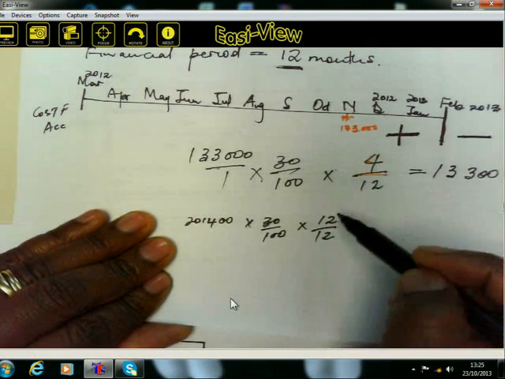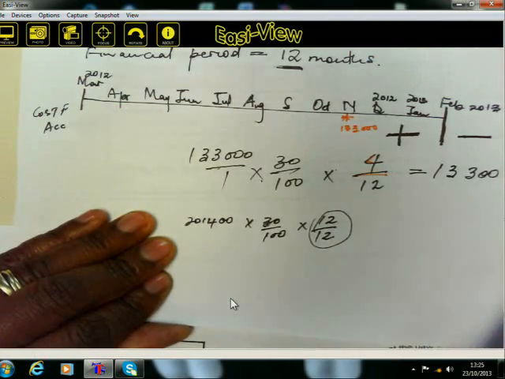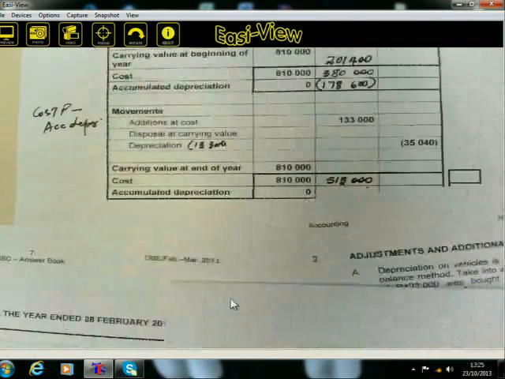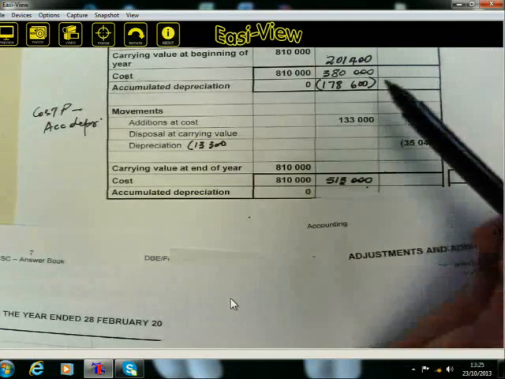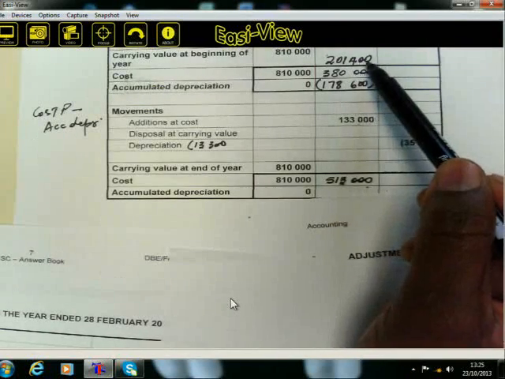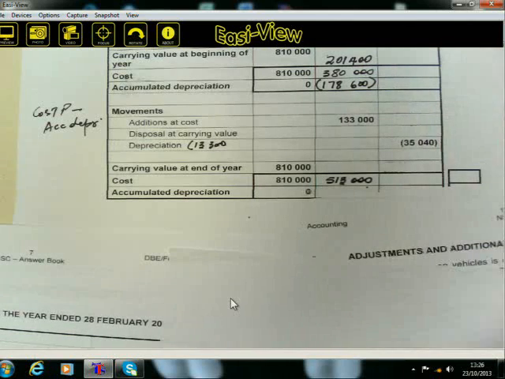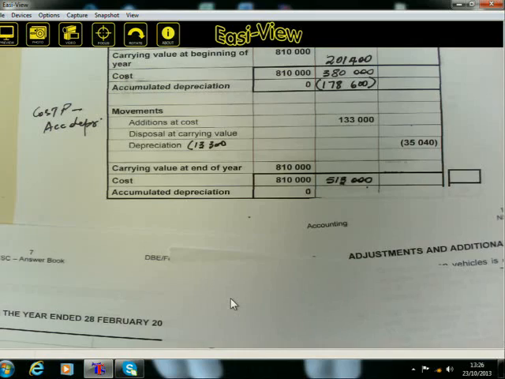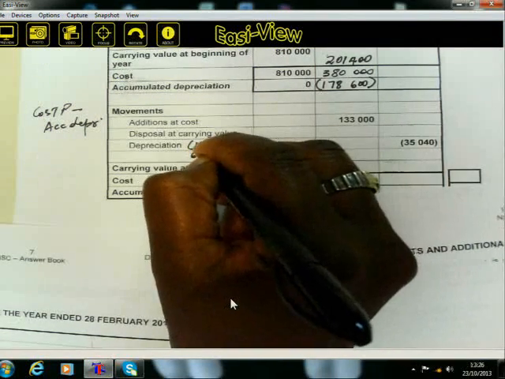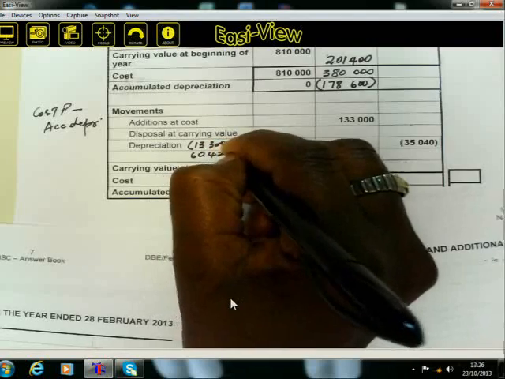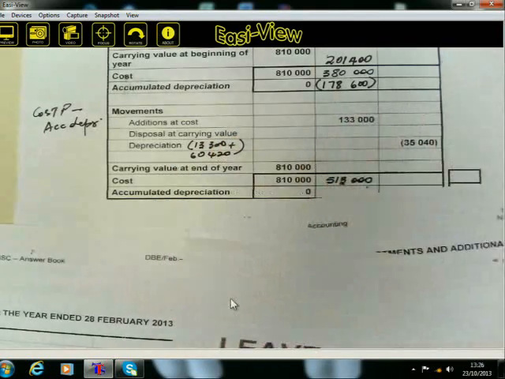But I just wanted to make you aware that we have used it for the whole year. Then the amount that we are going to get as the depreciation is 60,420 according to this adding machine.